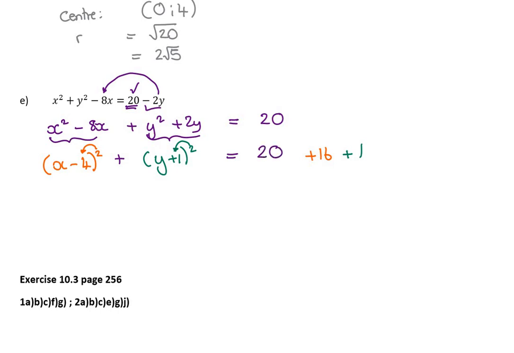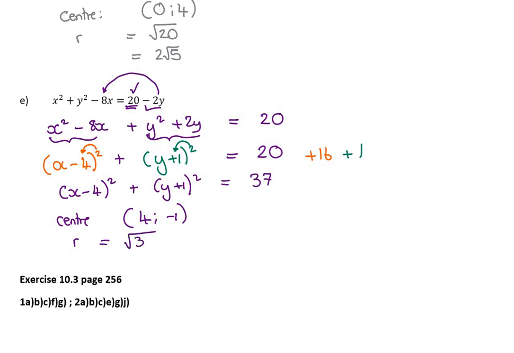Don't forget my 20. So if I neaten that up, it becomes (x − 4)² + (y + 1)² = 37. So therefore I can tell my center of my circle is at (4, −1), and my radius is the root of 37, which is in simplest surd form already.